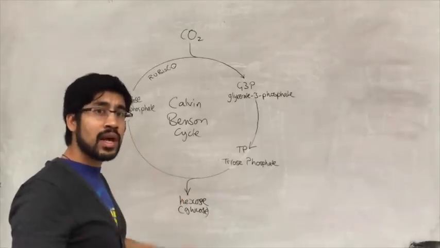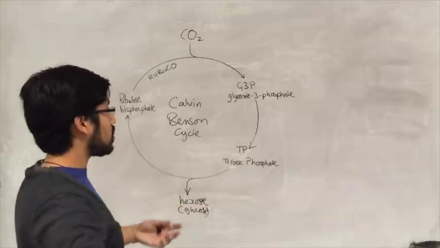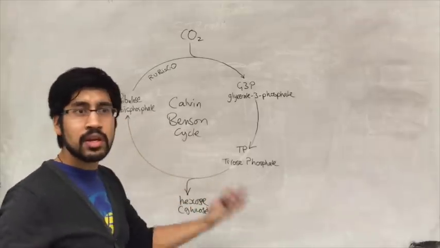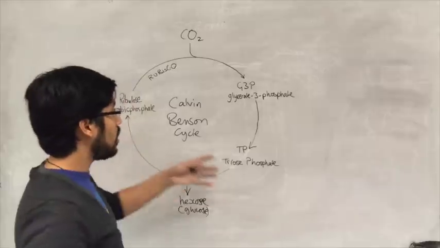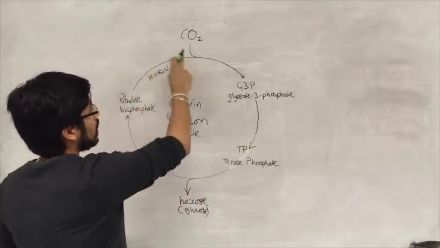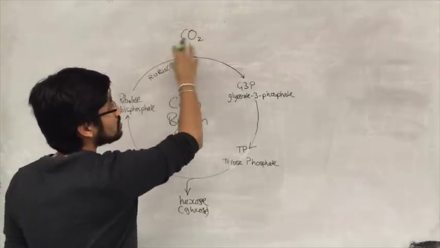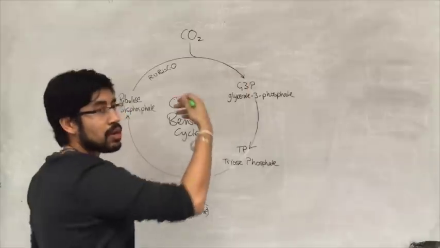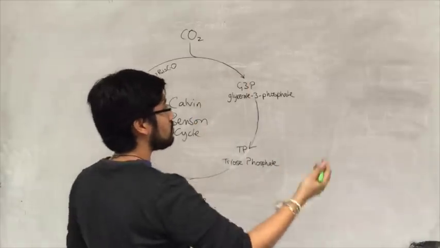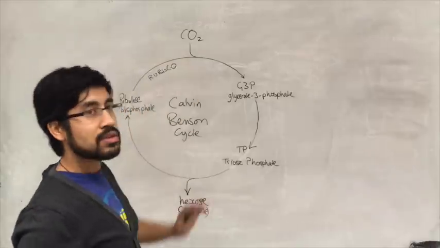Amino acids, nucleic acids, carbohydrates, structural carbohydrates, cellulose, energy storage carbohydrates, starch. It all comes down to this cycle. This stage right here, the conversion of inorganic carbon into something organic that forms the basis of our biological molecules, is a really important step.